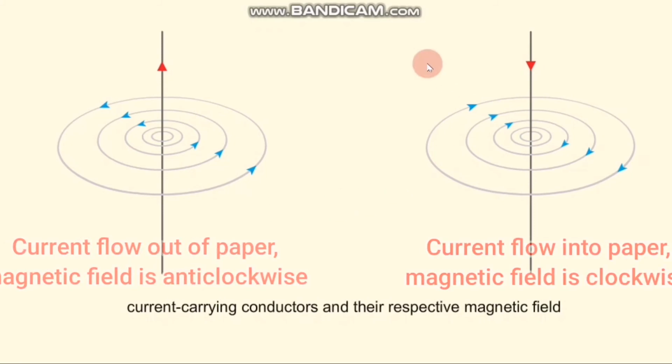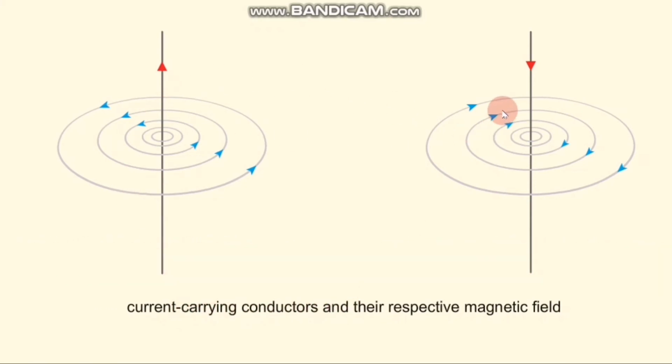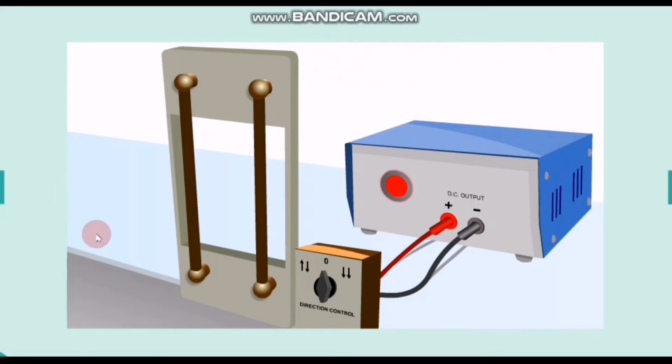And now let us take a look at how the magnetic fields of two current carrying conductors interact when they are placed nearby. In this diagram, you can see the current carrying conductors and their respective magnetic fields. The way the magnetic fields of parallel conductors interact depends on the flow of current in both. Either current flows in the same or opposite directions.